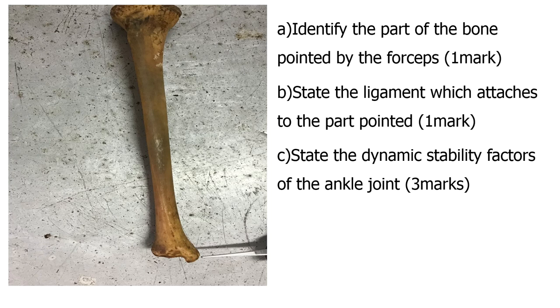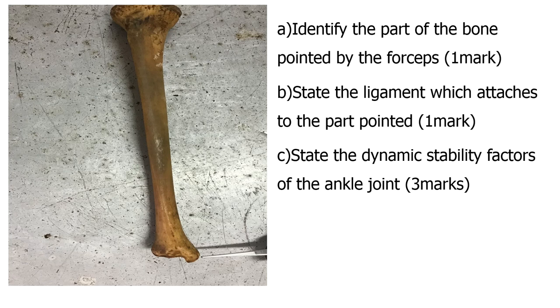Dynamic stability factors of the ankle joint, you can name any muscle from any of the compartments. Remember, from the anterior compartment, you have the dorsiflexors. From the lateral compartment, you have the everters, and from the posterior compartment, you have the plantarflexors. So you can talk about the peroneus longus and brevis from the lateral compartment.